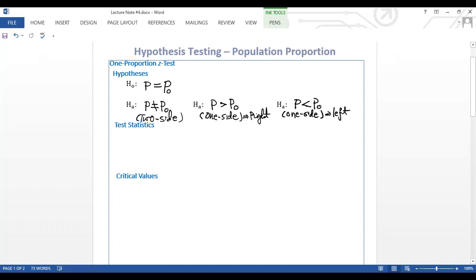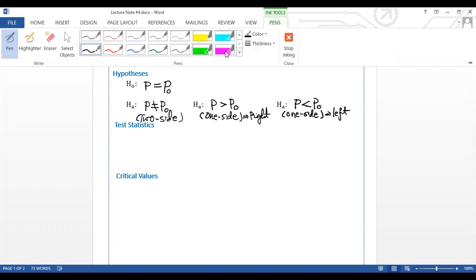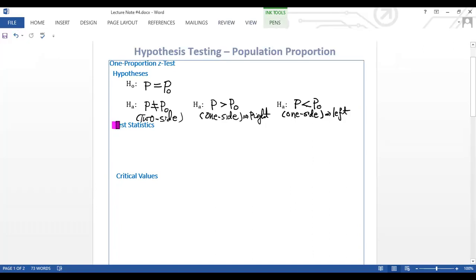So this is the hypothesis we talked about in our previous lecture. Now the test statistic, this is the one we did not cover in our previous three lectures, because for different things you try to test, your test statistic will be different. Right now I'm interested in the proportion, whether the percent is equal to a certain number or not.